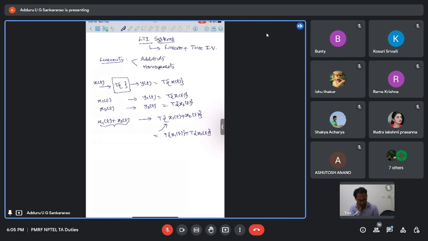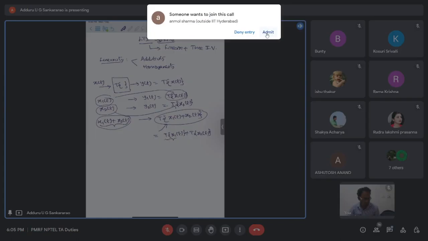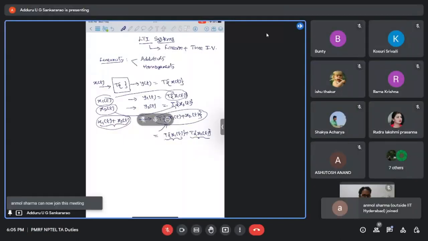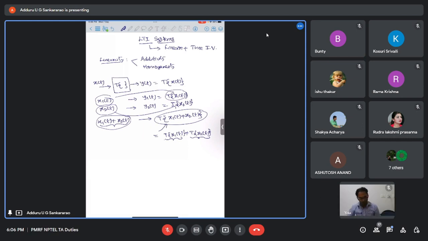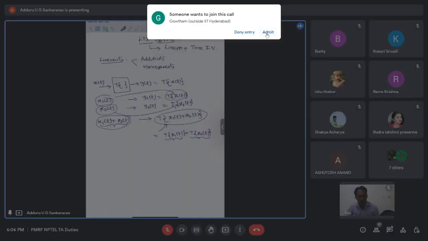So if I give x1 individually, I get output y1. If I give x2, I get output y2. If I give x1 plus x2 together, this is the output, and if it is equal to y1 plus y2, the individual outputs, then we say the system is following the additivity property. This is called additivity.